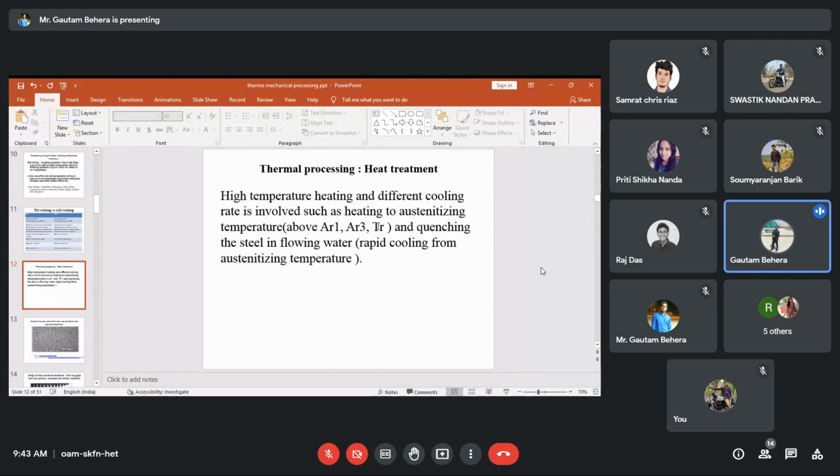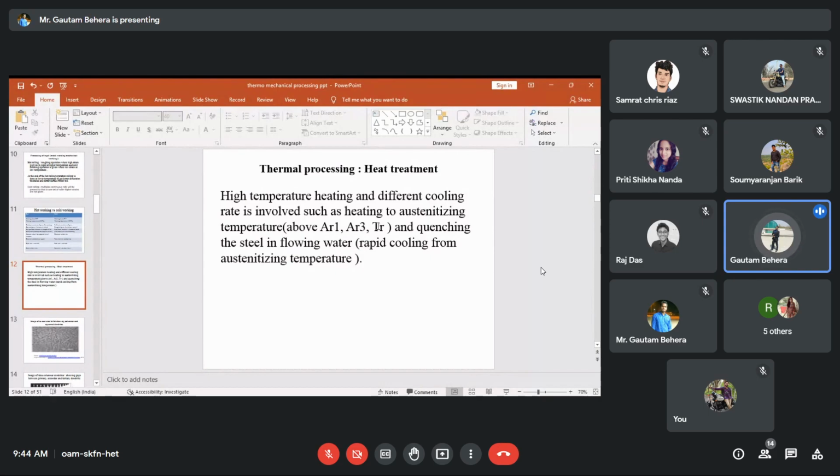That means if you have deformed the metals plastically at a lower temperature, then the material will accommodate a lot of strain in it. A lot of strain energy will be stored in the material, and you have a lot of dislocations and defects in the material.